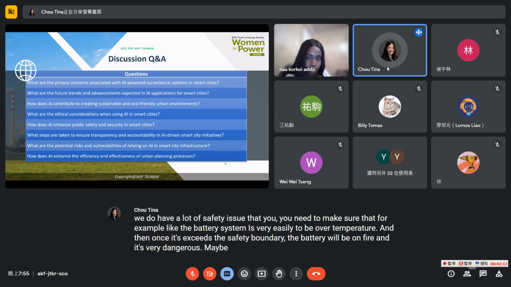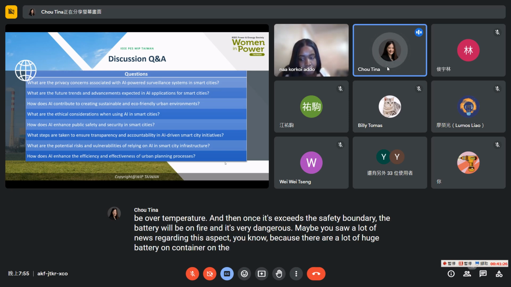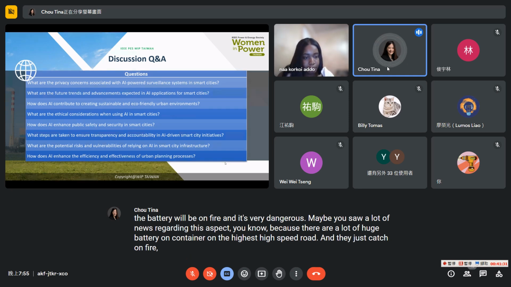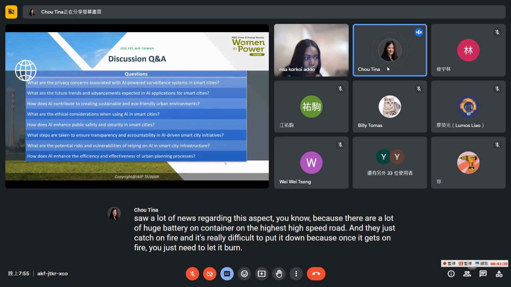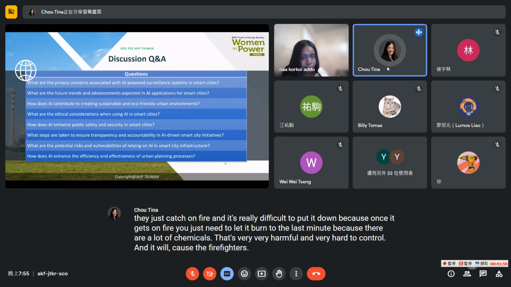Maybe you have seen a lot of news about this, because there are huge battery containers on high-speed roads that catch fire, and it's really difficult to put out, because once it catches fire, you just need to let it burn to the last minute. There are a lot of chemicals that are very harmful and very hard to control, and it puts firefighters in danger as well.